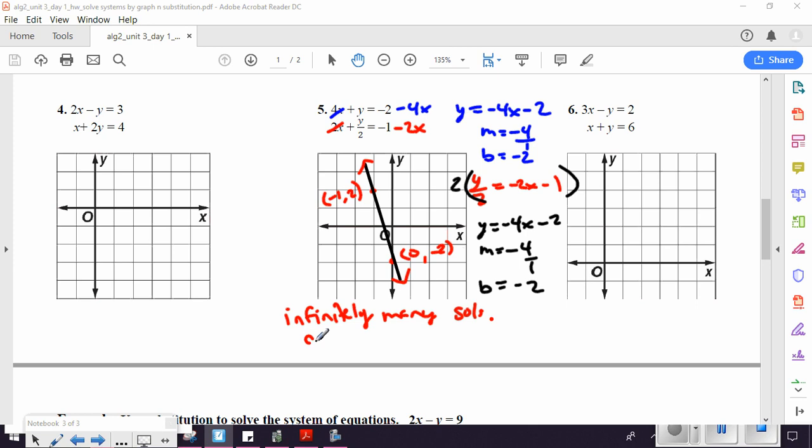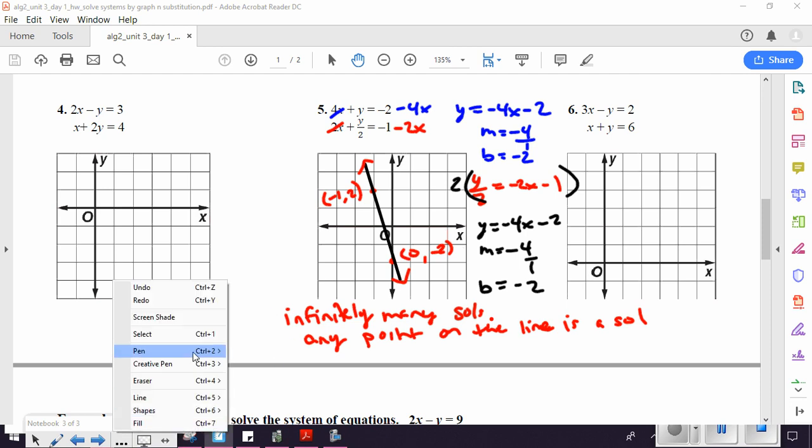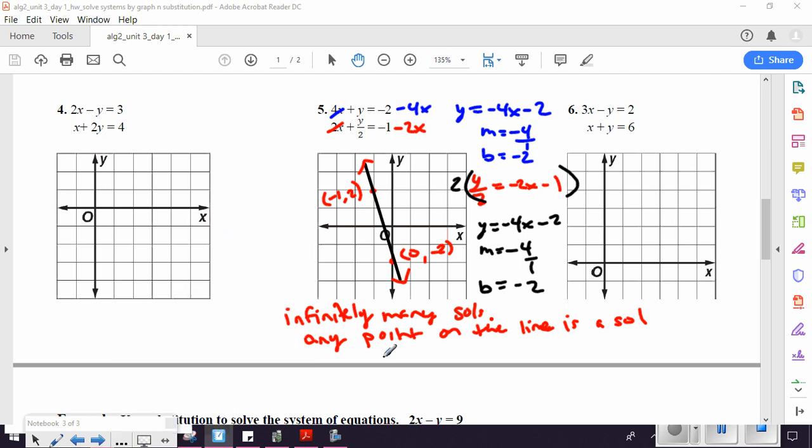In other words, any point on the line is a solution. So when it has infinitely many solutions, the system is classified as consistent and dependent.